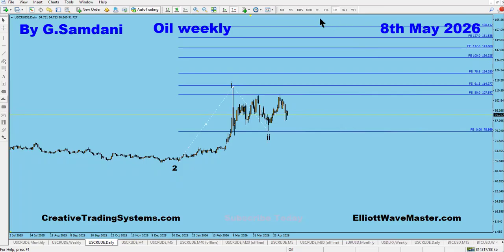Now what is it telling us, if this count is correct? That means oil is going to get expensive. And the only way this can happen is if we start the war again between Iran and the US. It looks like we are going to start very soon.